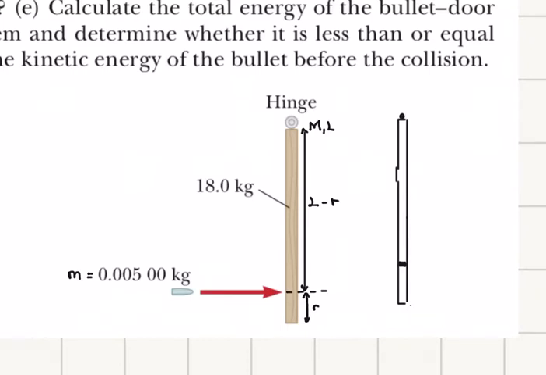What will happen is the bullet will get embedded inside, and because the door is pivoted here, the whole thing will start swinging with respect to this pivot point.